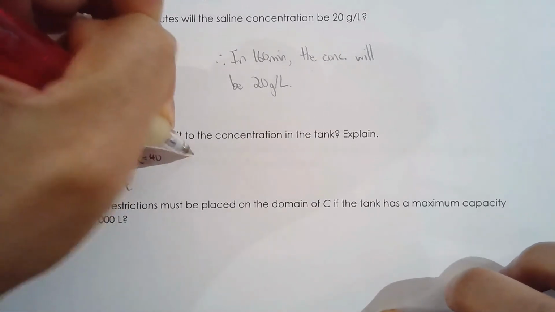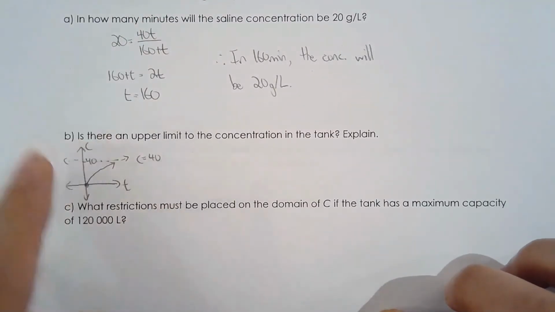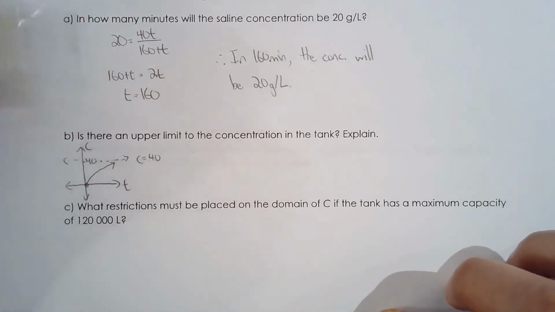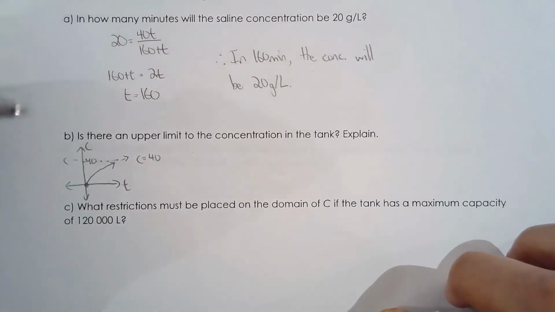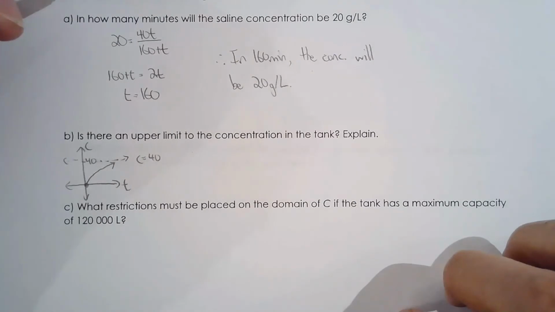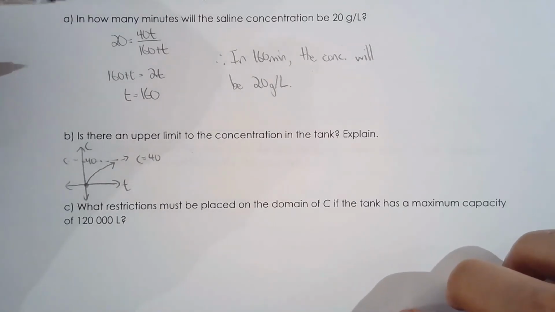Yes. So you could just answer the question without the graph of C of t, just using logic. It makes sense that there's most definitely an upper limit to the concentration in the tank, because it can't possibly be more than 40 grams per liter.